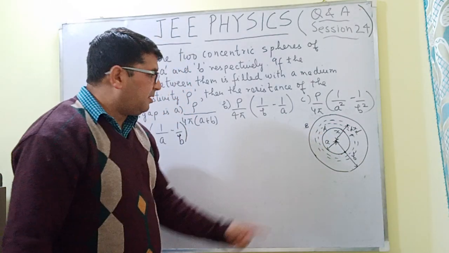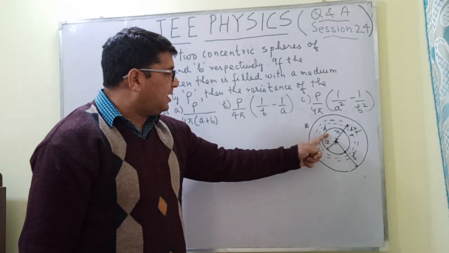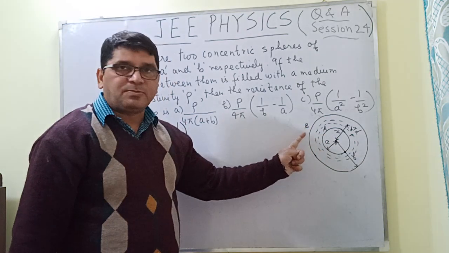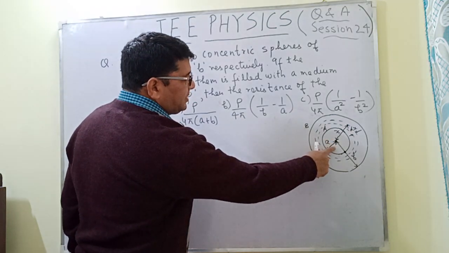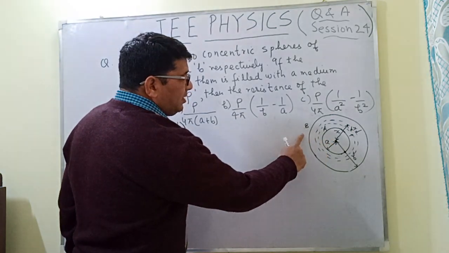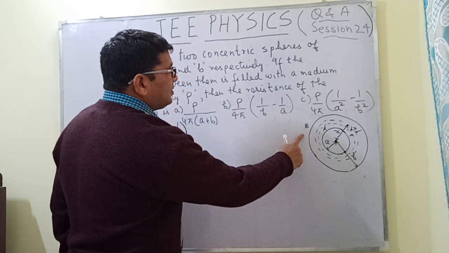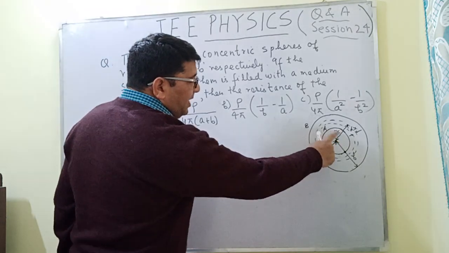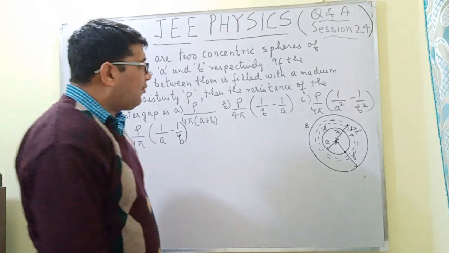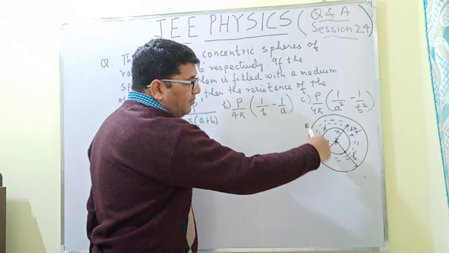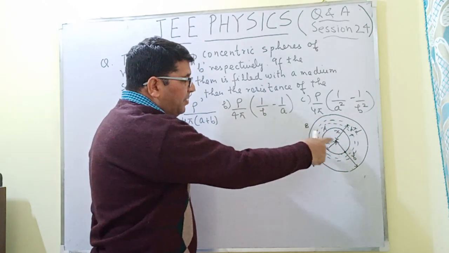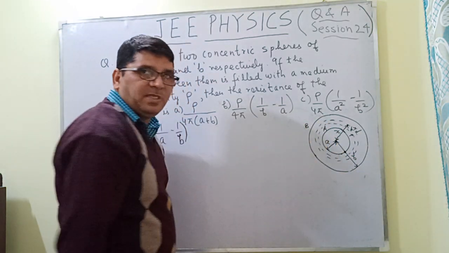I have depicted these two spheres by A and B. The inner one is A and the outer one is B. Now the radius of the inner one is a, the radius of the outer sphere is b, and I have taken one concentric sphere of radius x having a thickness of dx, which is lying in the gap between the sphere A and B.